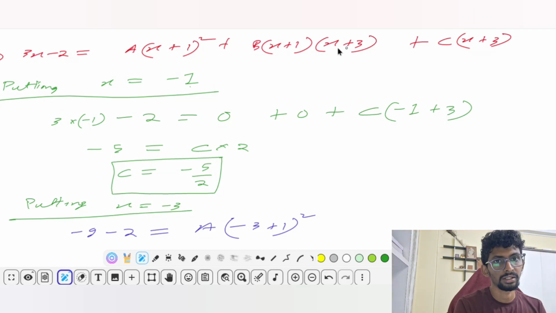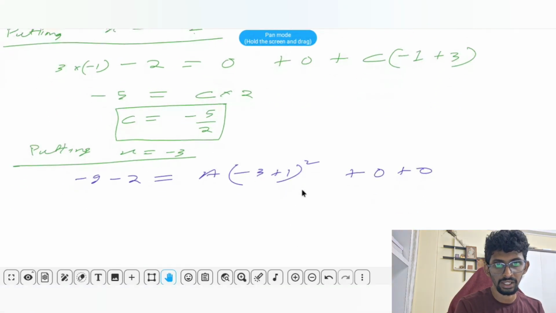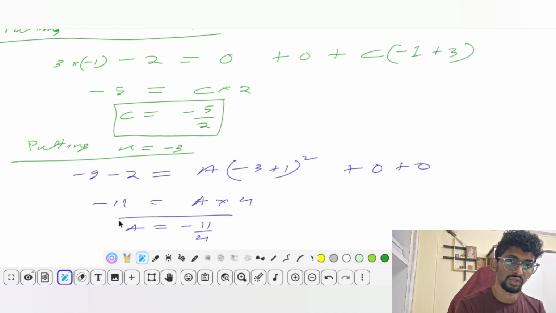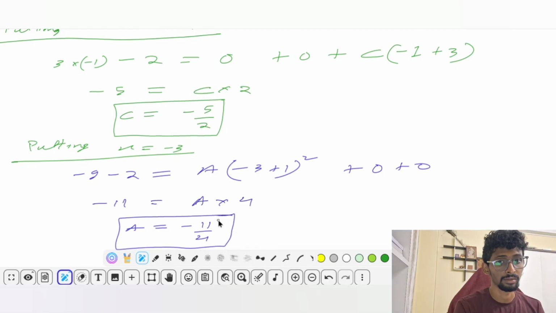And the other terms will be 0 because minus 3 plus 3 is 0, and 0 times b is 0. The third term will also be 0. So we will get minus 11 equals a times minus 2 square, which is 4. So a equals minus 11 by 4. So this is the value of a.